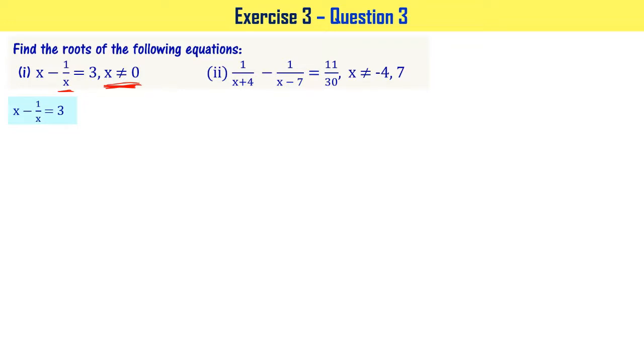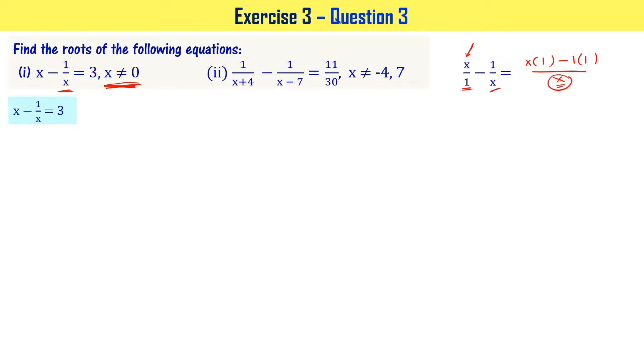To do that, first let me simplify the left hand side expression. That can be written as x by 1 minus 1 by x, right? X is going to be the LCM. Now let me write this x as x times x divided by 1, that is 1 minus 1 by x, and this x divided by this x, that is equal to 1, right?